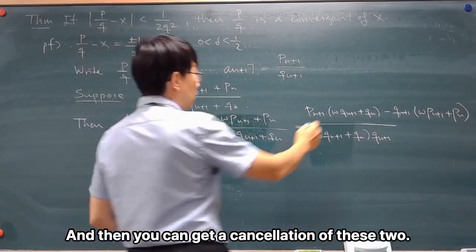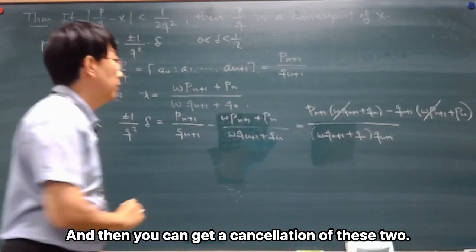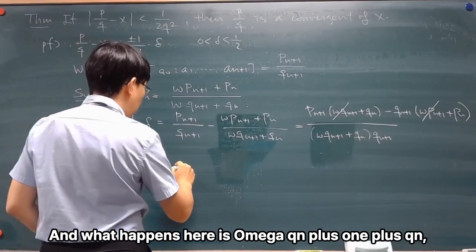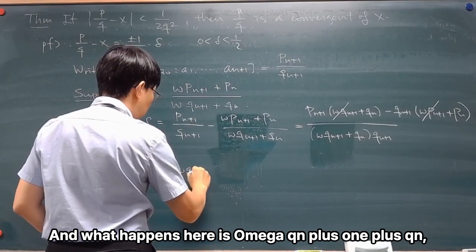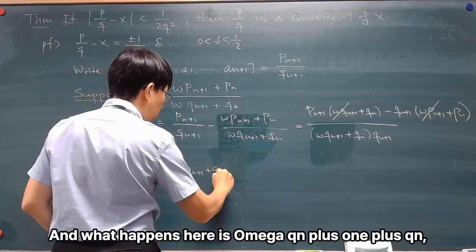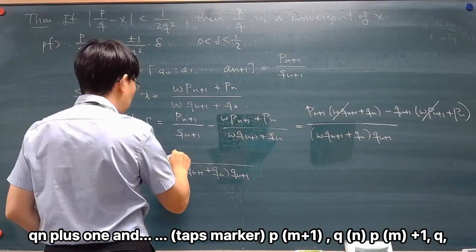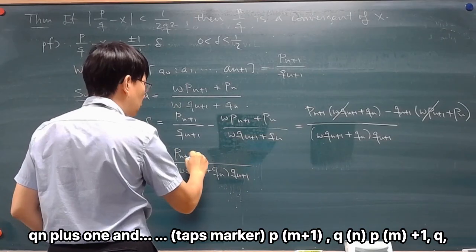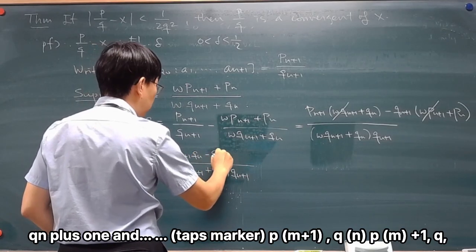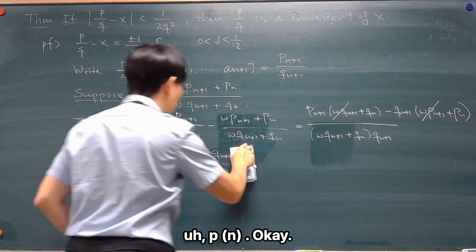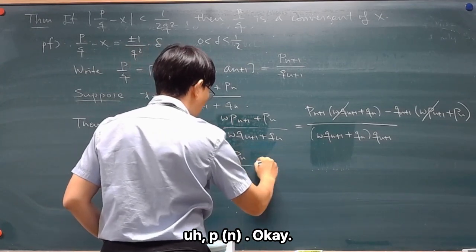And then you can get a cancellation of these two. What happens here is omega Q_{n+1} plus Q_{n+1}, and P_{n+1} Q_n minus Q_{n+1} P_n. Okay.